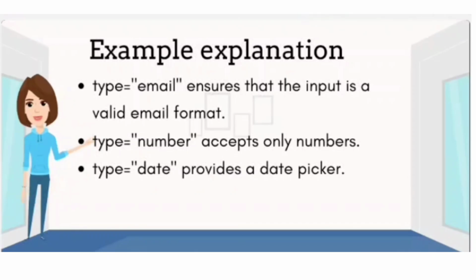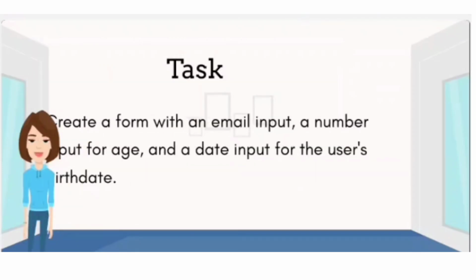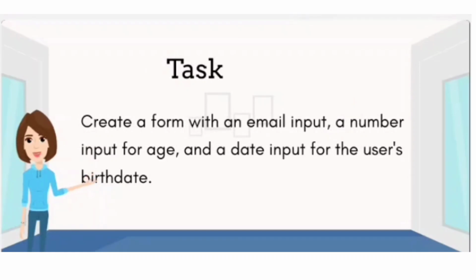Type email ensures that the input is a valid email format. Type number accepts only numbers. Type date provides a date picker. Create a form with an email input, a number input for age, and a date input for the user's birth date.